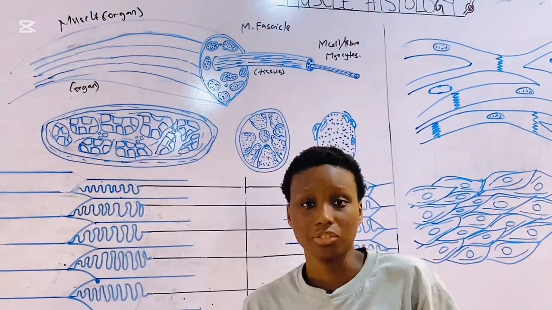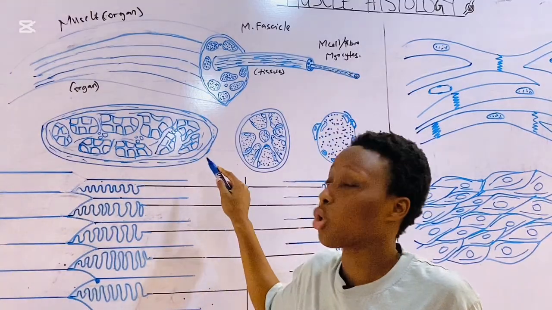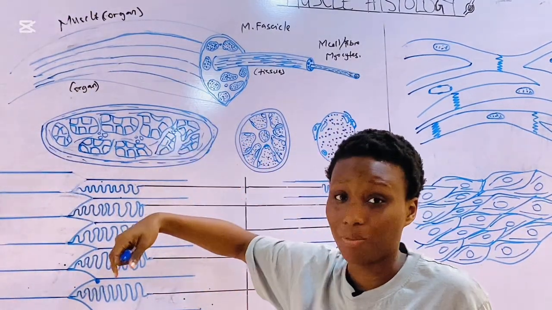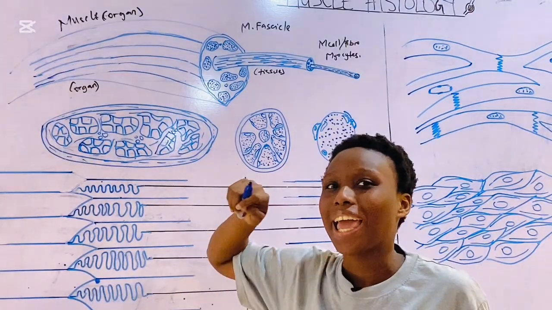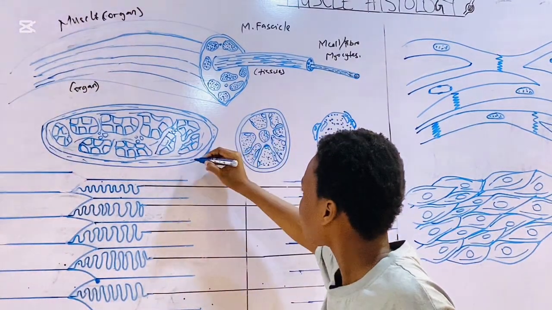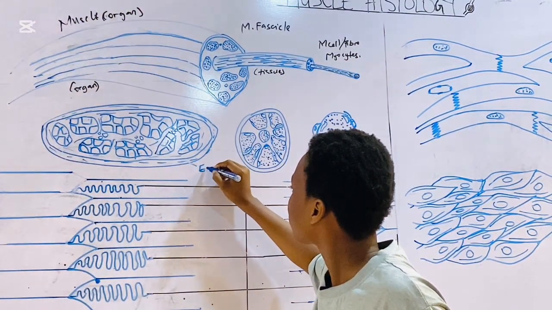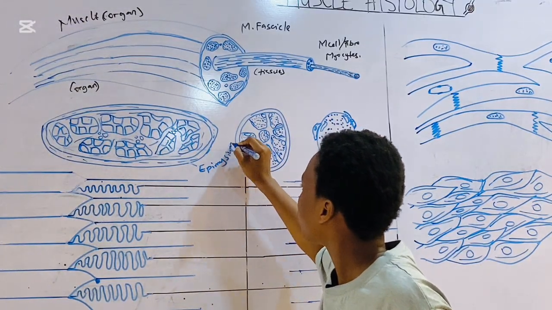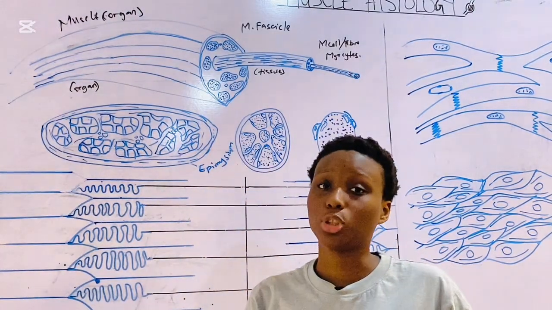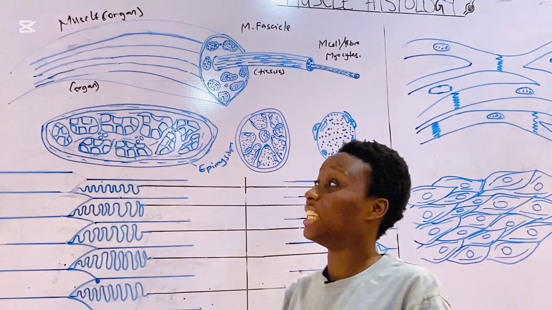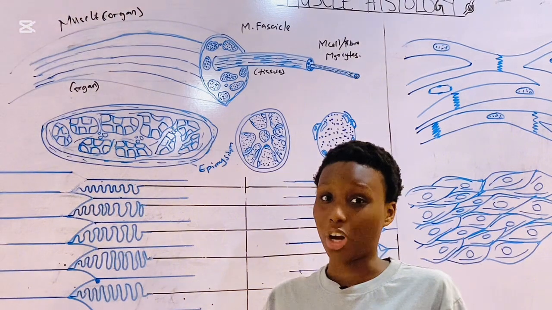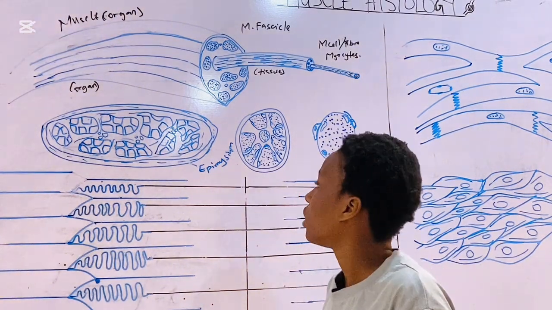That is connective tissue. The name of this connective tissue surrounding the muscle itself is called epimysium. So epimysium is the connective tissue surrounding the muscle as an organ.